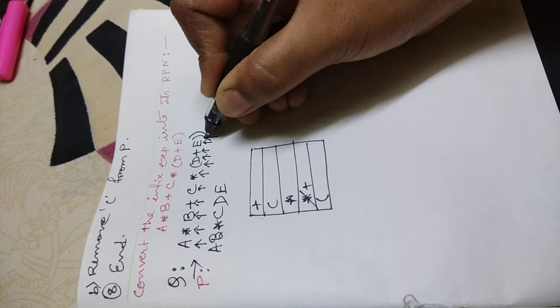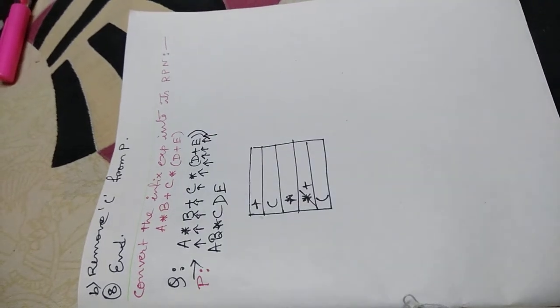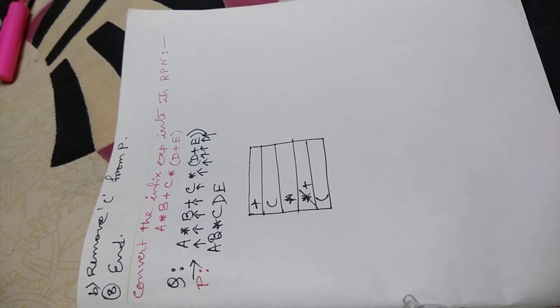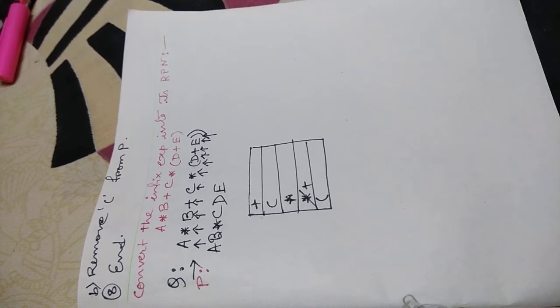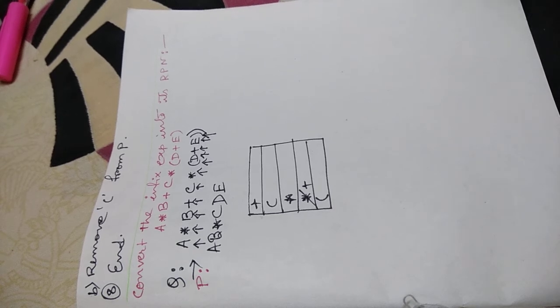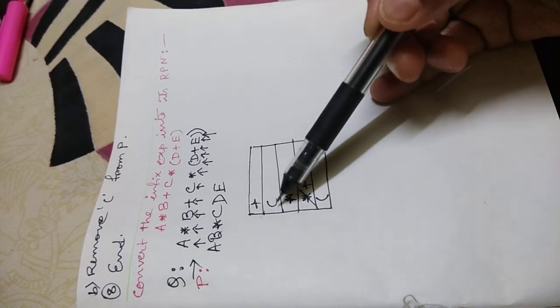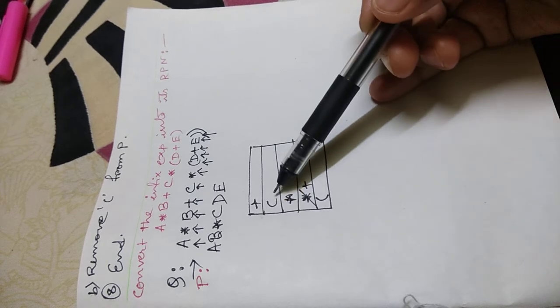Now we encounter a closing parenthesis, right? If a closing parenthesis is encountered, then we have to pop the elements from the top of the stack until we encounter an opening parenthesis in the stack, right?